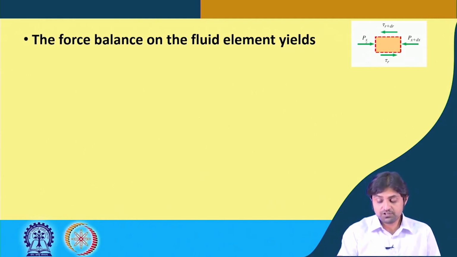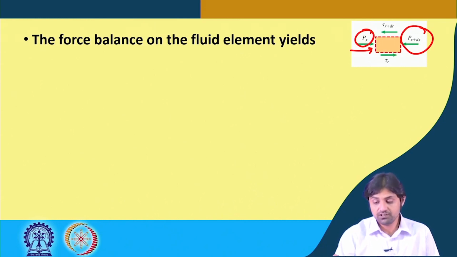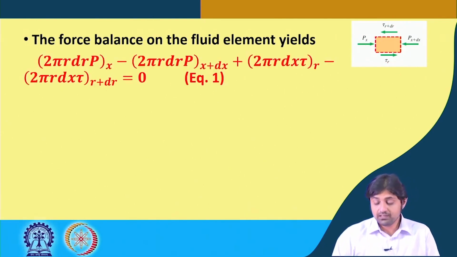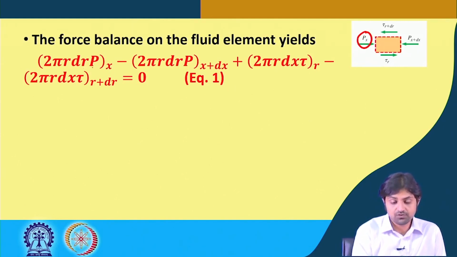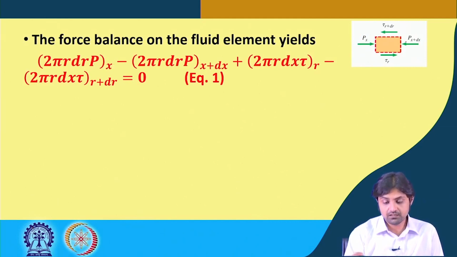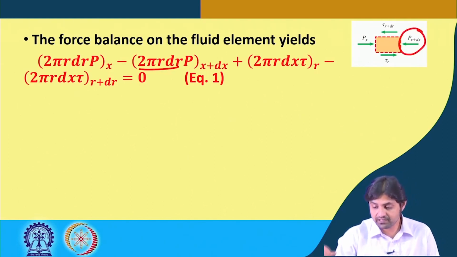If you see, there will be pressure forces acting, P at x from the left, and P at x plus dx from the right, and then there will be shear forces acting here in this direction, and shear forces acting at r plus dr. And if we apply the force balance, the force due to this will be 2 pi r dr times the pressure at x, minus 2 pi r dr, this is again the area, multiplied by P at x plus dx.